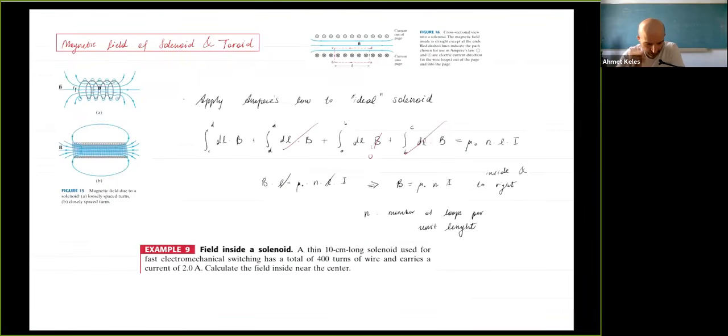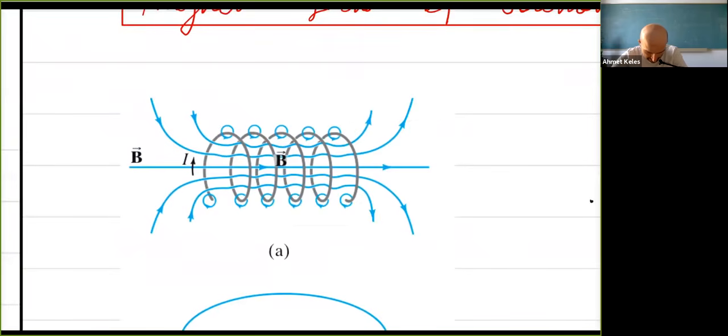So I want to now introduce some specific tools, so-called solenoids and toroids. The solenoid is a device that you obtain by wrapping a current around a cylinder, something like that. Like you have some current and you wrap it around like this, right?